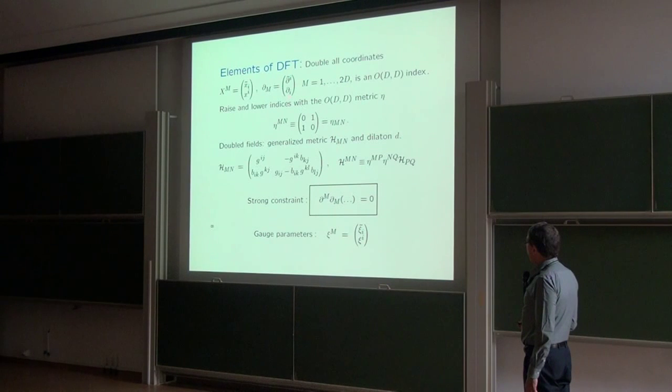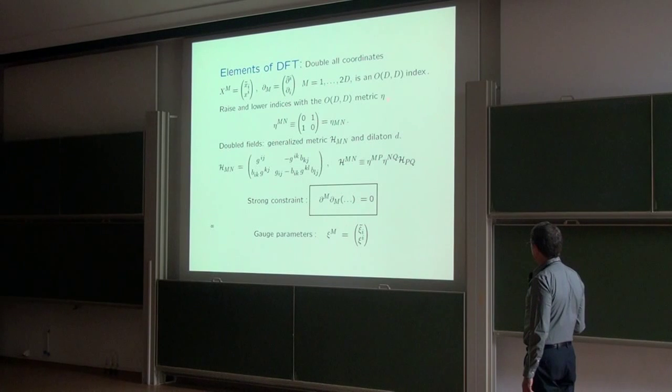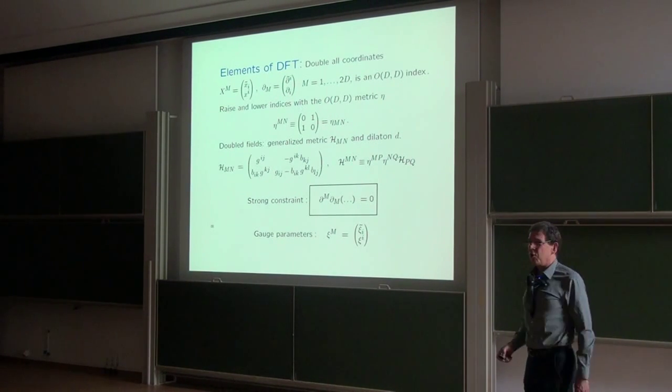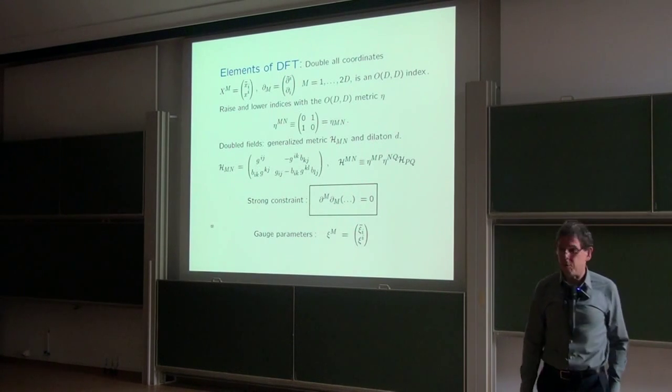There are ordinary derivatives and derivatives with respect to the tilde coordinates. And this index is an O(D,D) index. So we raise and lower indices, these capital indices, with the O(D,D) metric eta, which is a constant metric. This is the metric that you use to define the O(D,D) group.